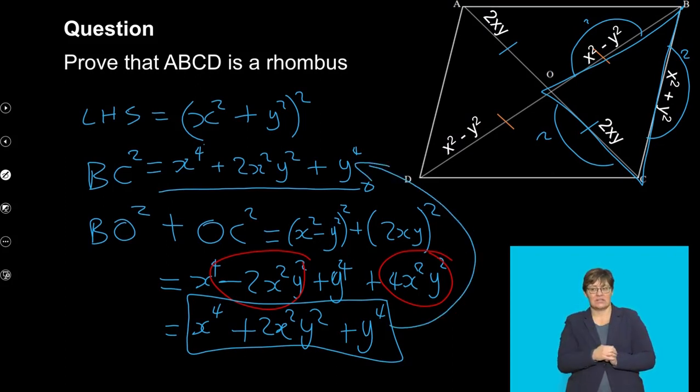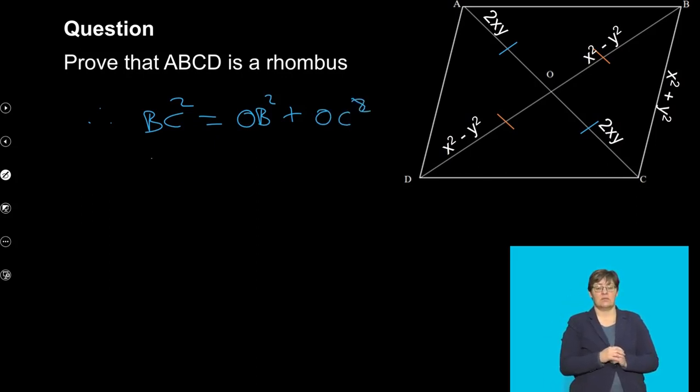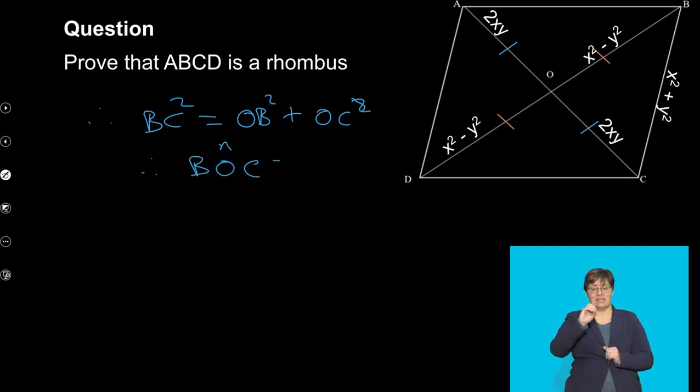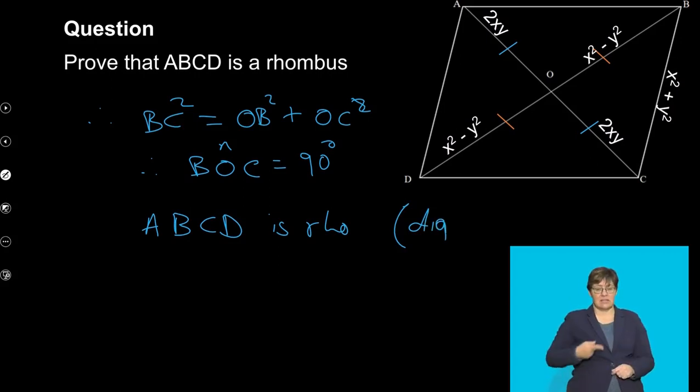So as a result, you will then claim that, therefore, BC squared is equal to OB squared plus OC squared, which means that BOC is 90 degrees, then ABCD is a rhombus, right? And the reason for that will be the diagonals bisect at 90.